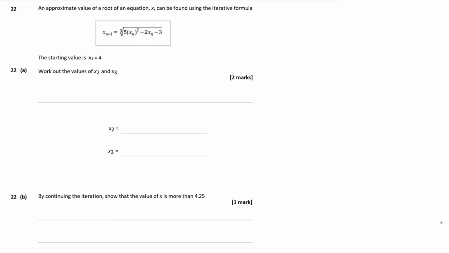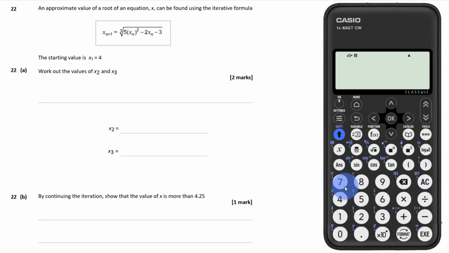Now, because I need to do this several times, I'm going to type 4, the value of x1, into the calculator and press equals, and then use that with my answer key to type in the next value for x2, if you see what I mean.